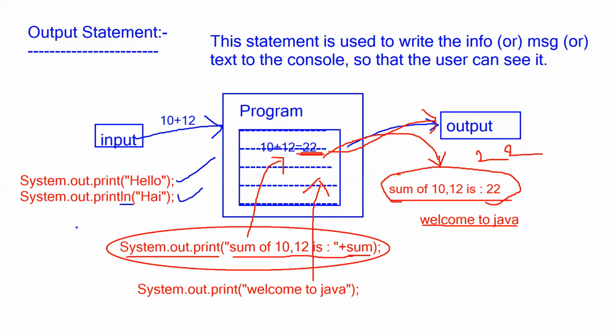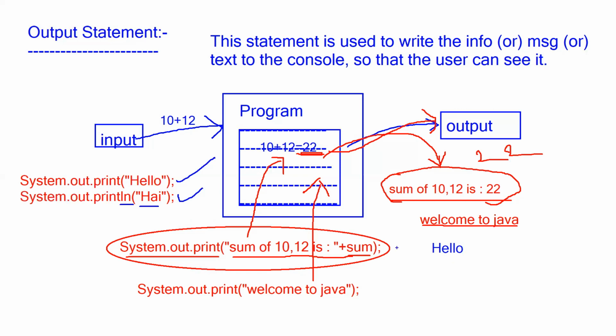The first one will print hello on the console, and it will not terminate the current line. Suppose this is a console, okay? It is printing hello, using the cursor. Next, hi is the next statement, and it is printing hi.